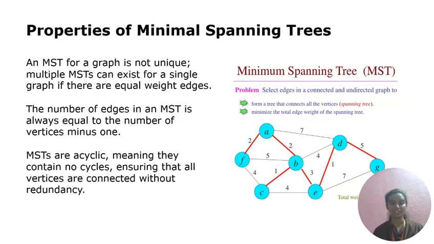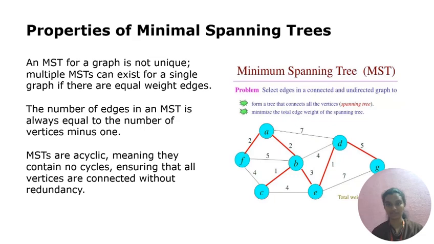That is, for the given graph, the number of edges in the minimal spanning tree is always equal to the number of vertices in the tree minus 1. Minimal spanning trees are acyclic, meaning that they contain no cycles, ensuring that all vertices are connected without redundancy.